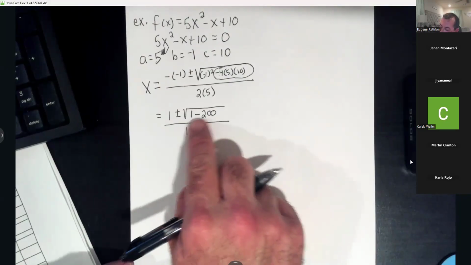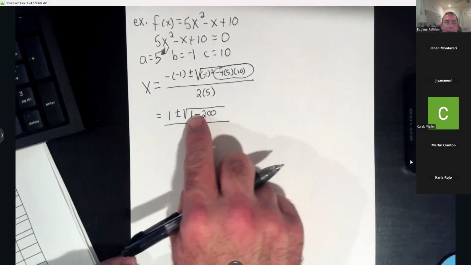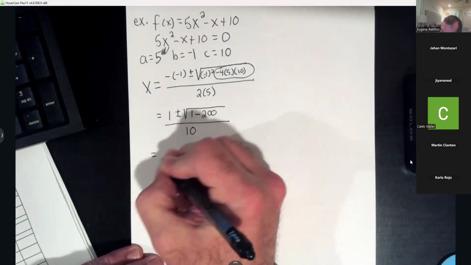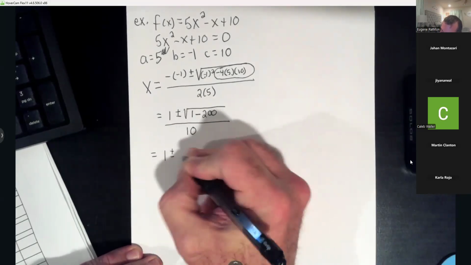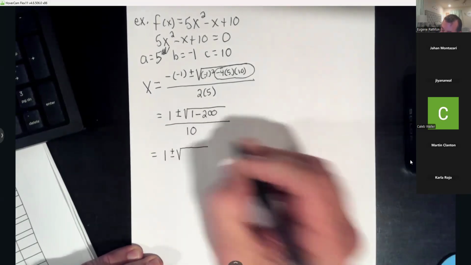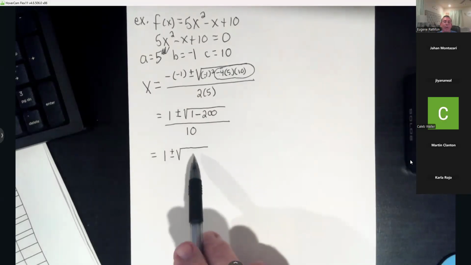Hey, y'all, we got to work this radical. So I get 1 plus or minus square root. All right, y'all, so what's going under the radical?